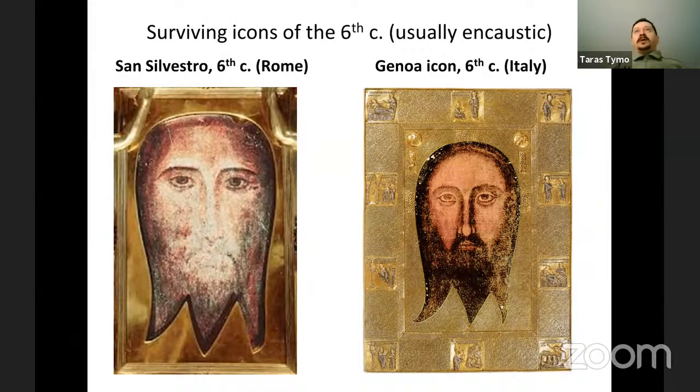You see here, those that survive, but probably there were many more that have been lost over centuries. So these are images scattered around Christendom. This one is stored in San Silvestro Church in Rome. This one, with these elaborate scenes we just analyzed, comes from Genoa from the 6th century.